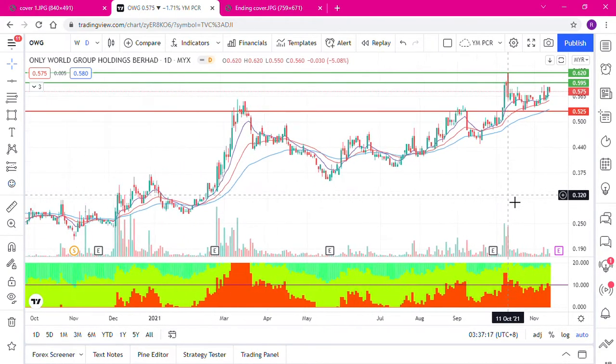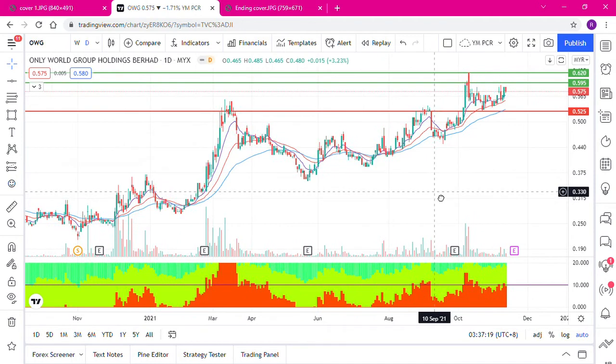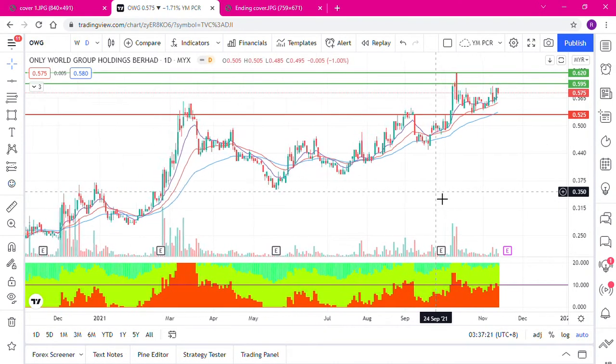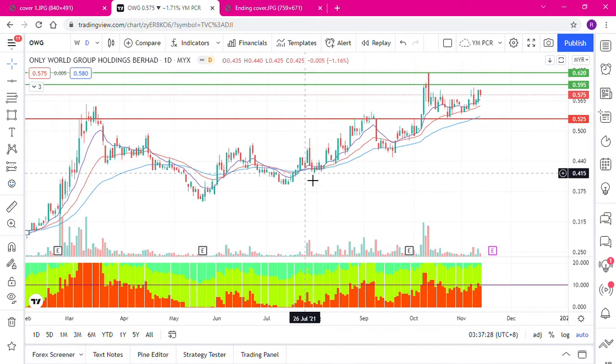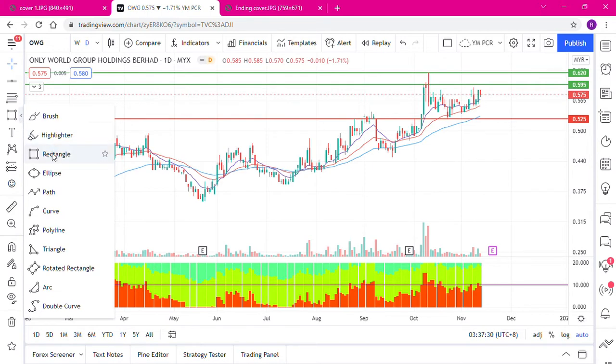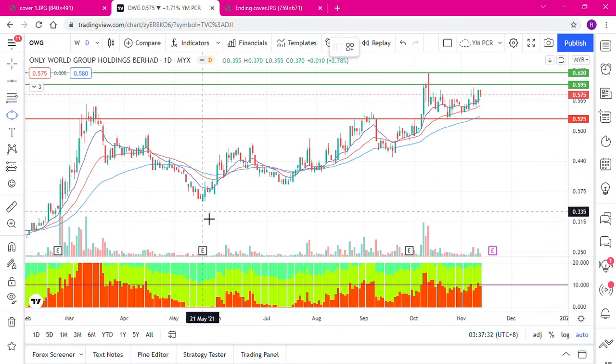When we look at the chart, you can see that the chart has already reflected ahead of the real happenings. Can you see that? Over here, let me highlight it for you to see more clearly.